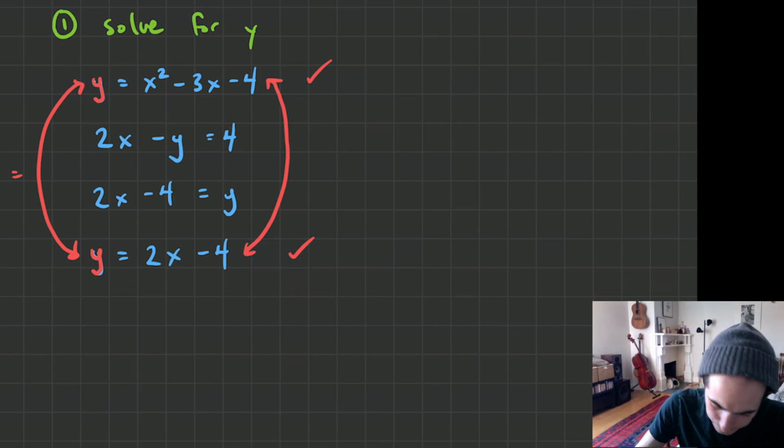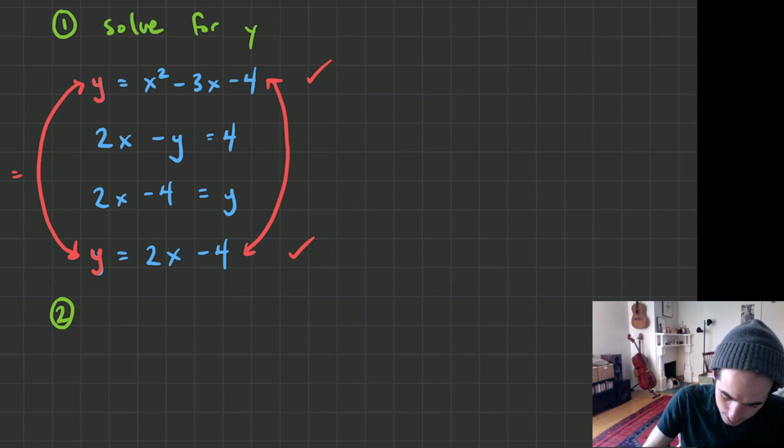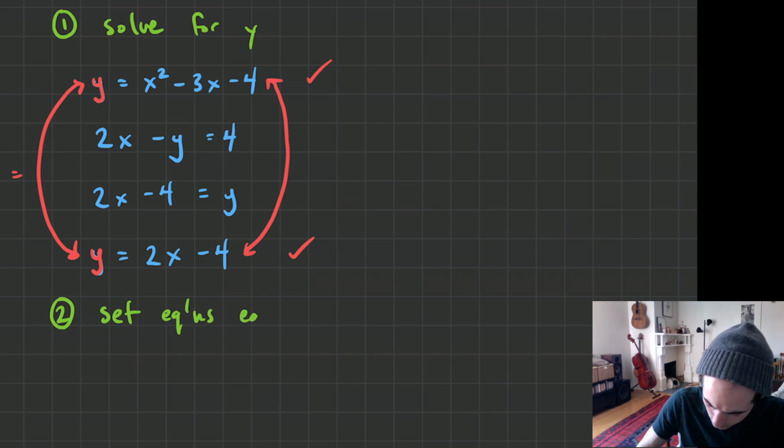So I'm gonna set the equations equal to each other. So I've got x squared, and maybe what I'll do is in green I'll write what the procedure is. So set equations equal to one another.